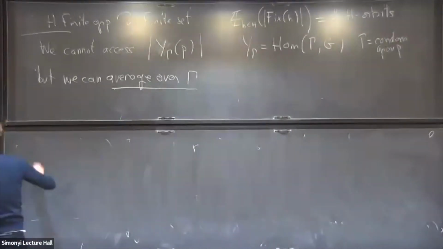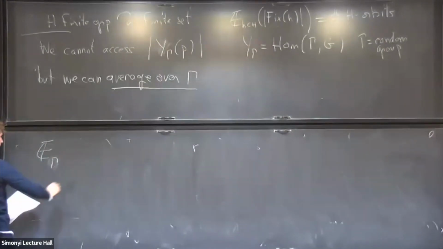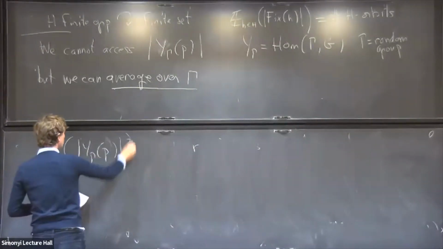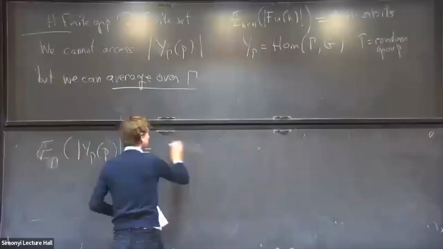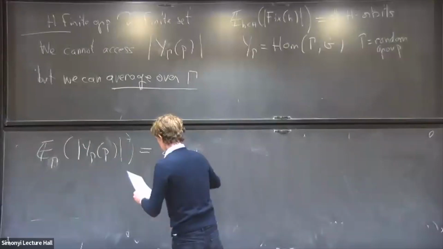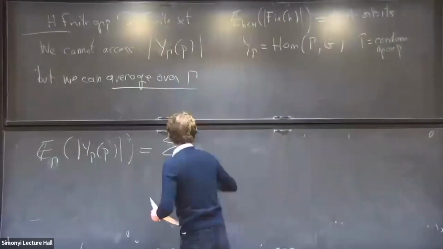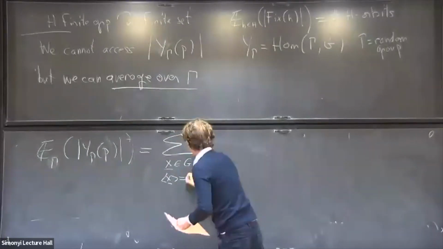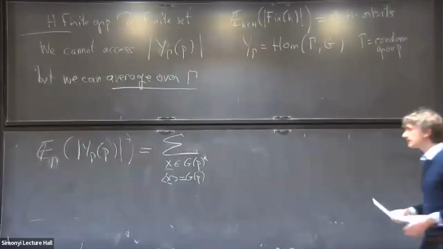Okay, so we can average, and when you write the average, so here now I average over gamma of the number of points, so the number of homomorphisms from gamma to G of P. So if I just compute, this is going to be the sum over all tuples in G of P to the K, and I'm only going to be looking at the tuples that generate, because I'm only looking at the part of the character variety that's Zariski dense.